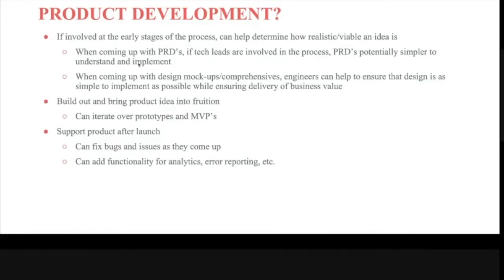Engineers are the ones to support the product after it has been launched. They are the ones to fix bugs and other issues as they come up after launch. They're the ones who will also test to ensure good quality code is being released. In order to help improve the product and iterate, engineers will be the ones to add functionality for error reporting, analytics, data collection, etc.